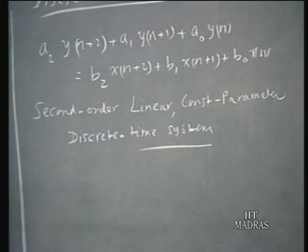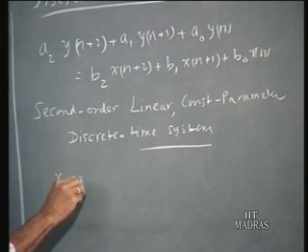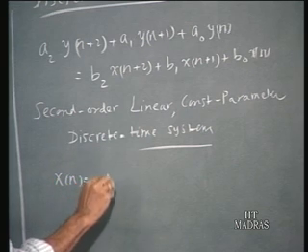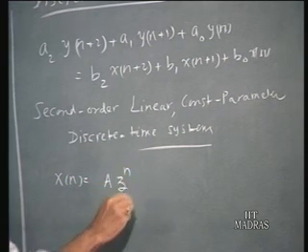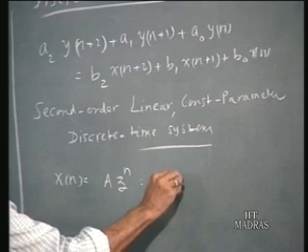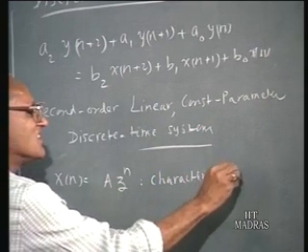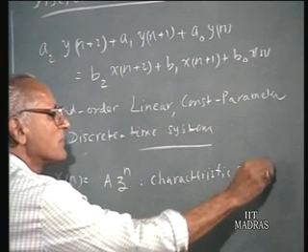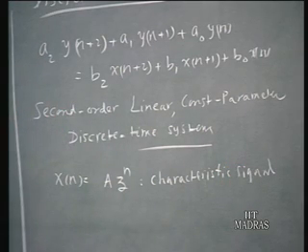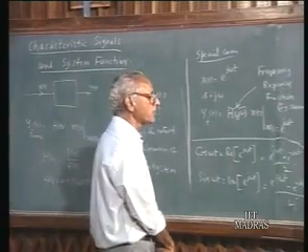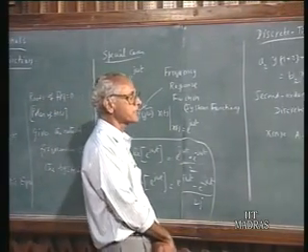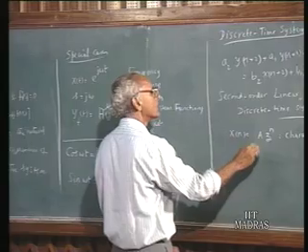What we have studied earlier is a continuous time system; this is a discrete time system. It can be shown that x of n equals some constant times z to the power of n is a characteristic signal. So just like e to the power of st being a characteristic signal for the continuous time domain, in the case of a discrete time system, a times z to the power of n is a characteristic signal. A is a multiplying constant, we can disregard that.